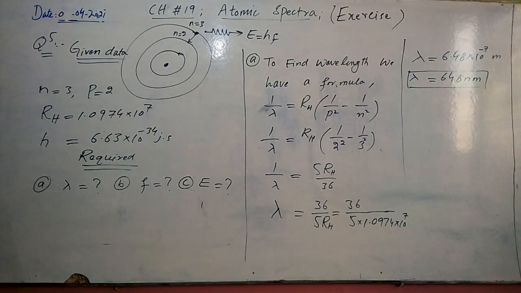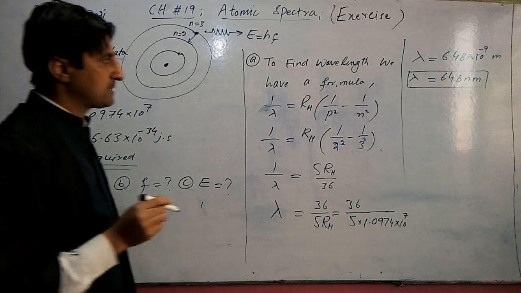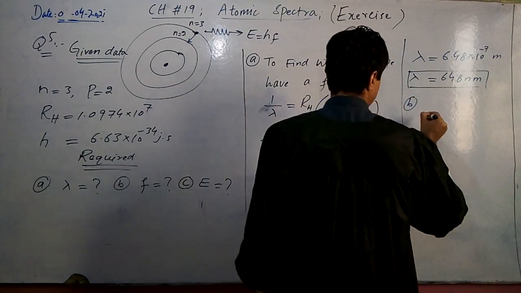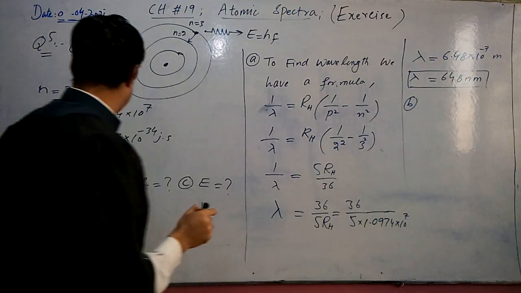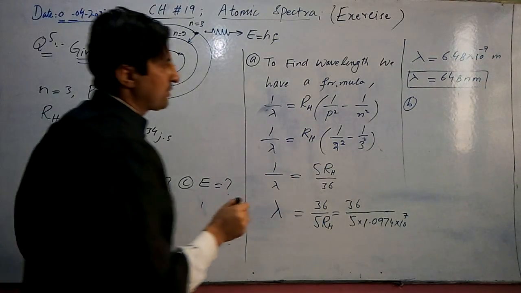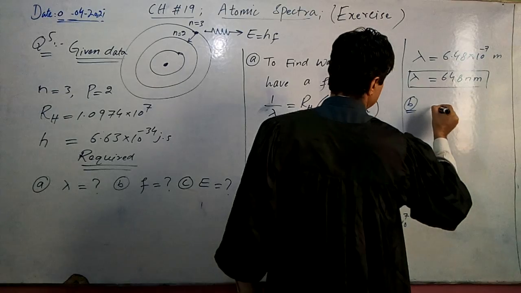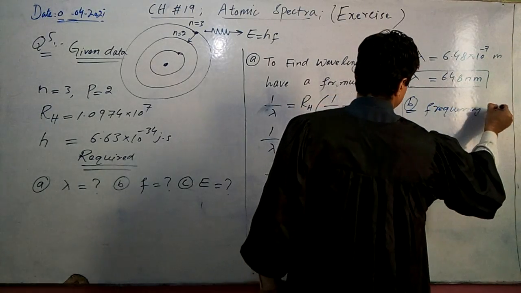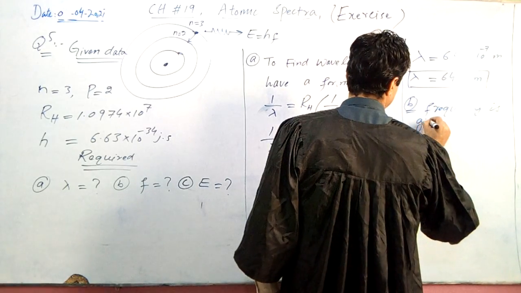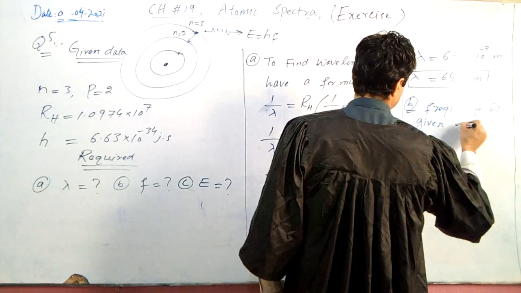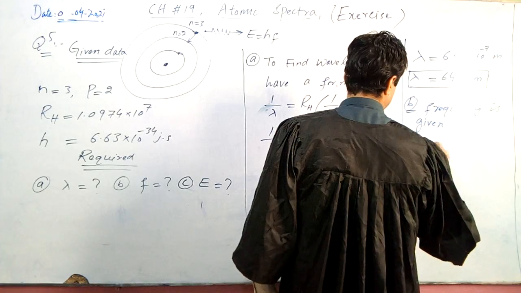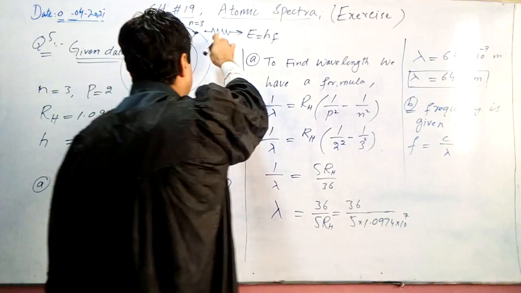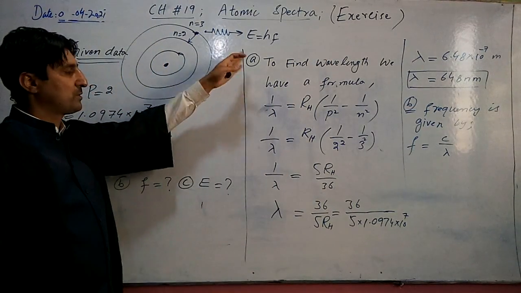This is the required value of lambda. Similarly, we can calculate frequency very easily as option B. We have to calculate what? Frequency. So F is equal to, frequency is given by the formula F equal to C divided by lambda, because photon is light, so it will travel with the speed of light.